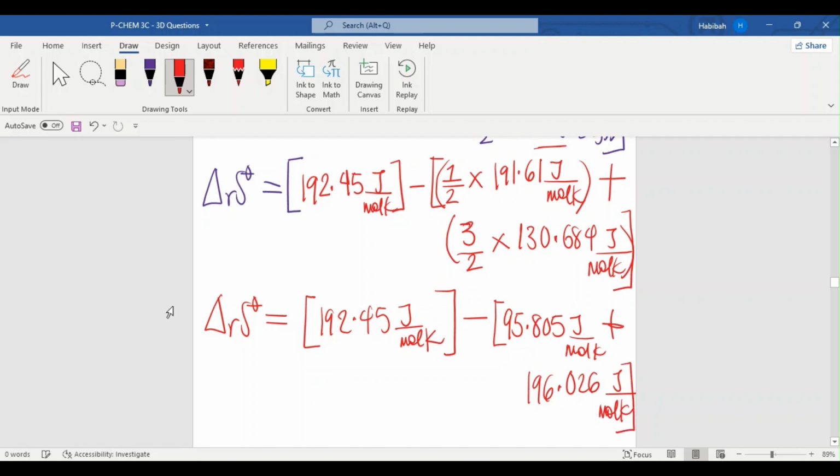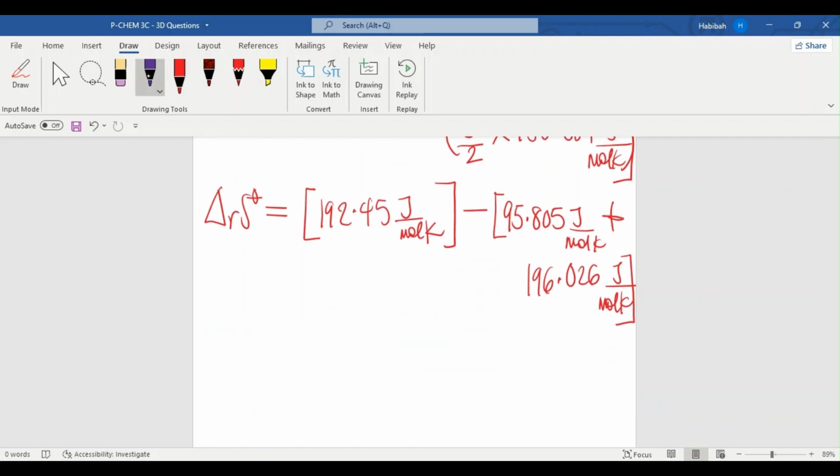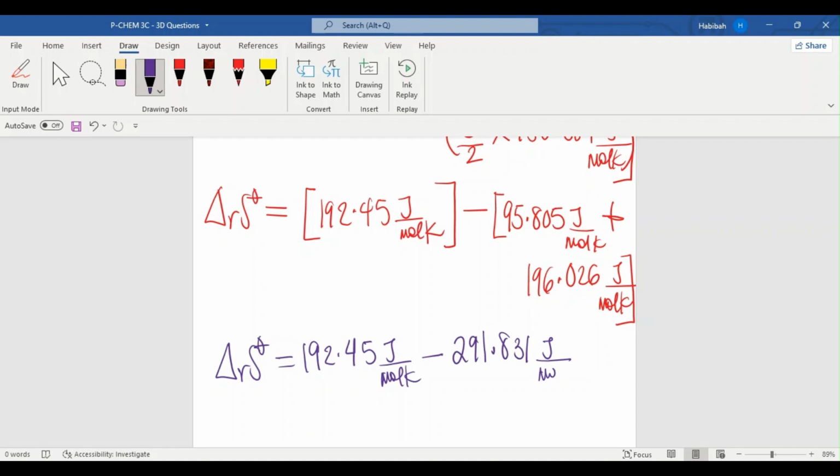So that's basically how it's done. We have 192.45 minus 95.805 minus 196.026, so that would be minus 99.381 joule per mole Kelvin. So the change in standard entropy of reaction will be negative 99.381 joule per mole Kelvin.